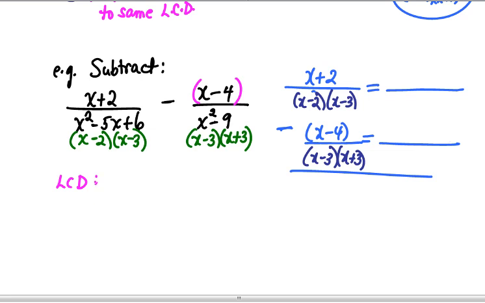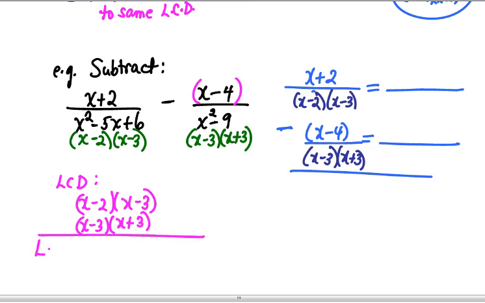My second step is to put the lowest common denominator. So one of the denominators was x minus 2, x minus 3. The other denominator was x minus 3, x plus 3. So the LCD is going to be each factor the most number of times it occurs in any one of the denominators.